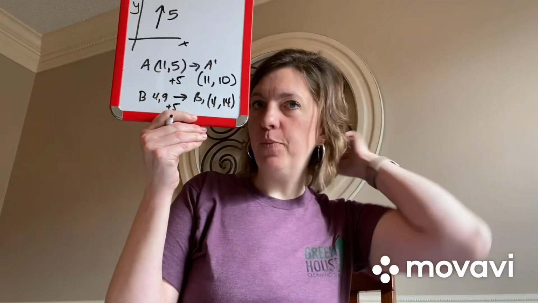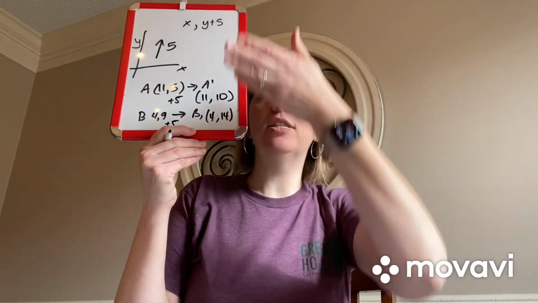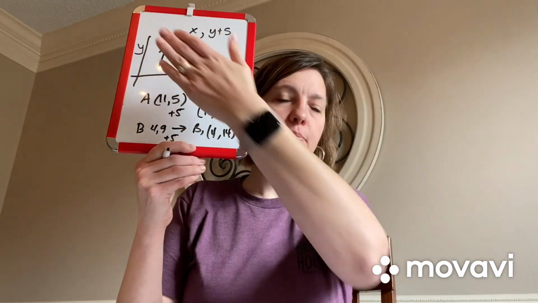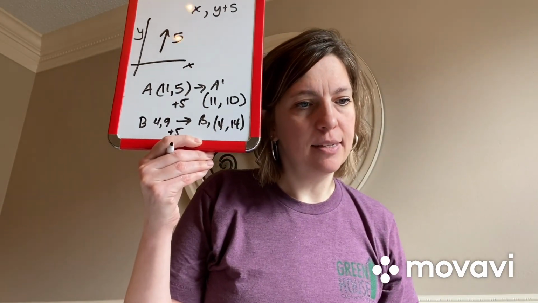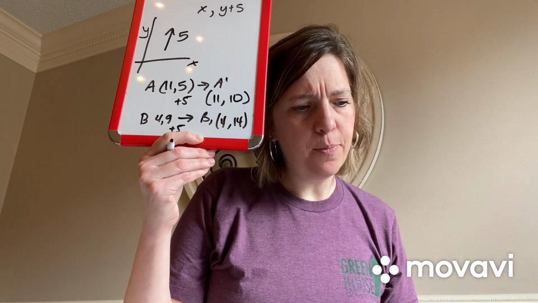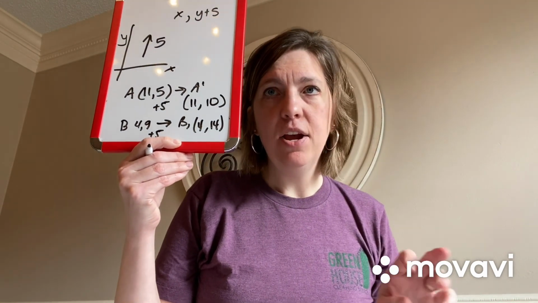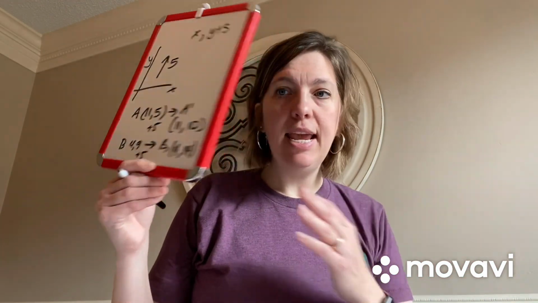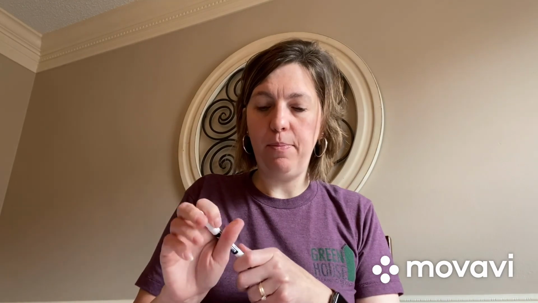And that's all that your book is showing you. A translation is just a shift, right? In this case, it went up. You can also have it move on the x-axis. All right. And then your other practice problems, B, C, and D, are all written there. So you guys can take a look at those and see how to set those up. All right.